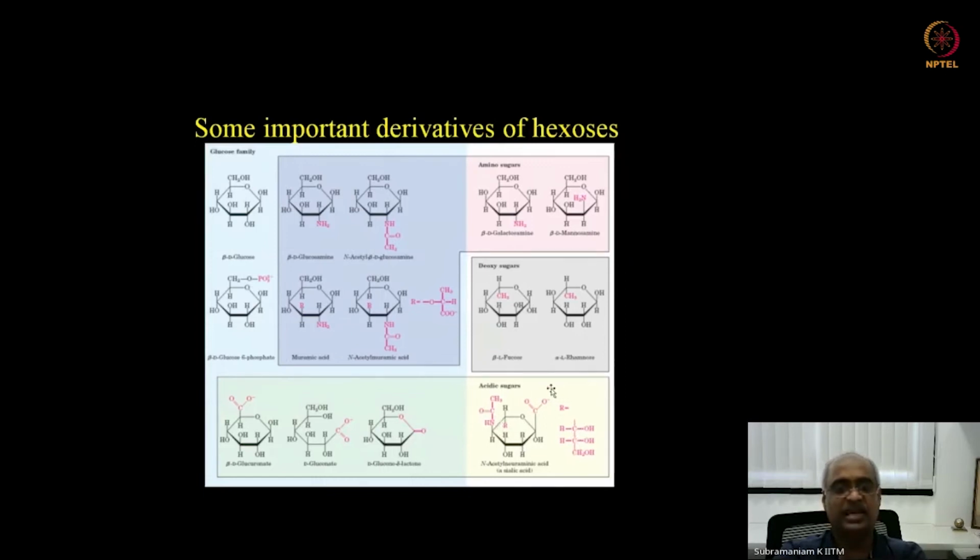And they usually have an acidic group as well as an N-acetyl substitution. The common name is sialic acid, and this is a very important modification of glycoproteins required as address tags. We will consider it towards the end of this chapter. So these are some of the derivatives of the common hexoses that we are familiar with.